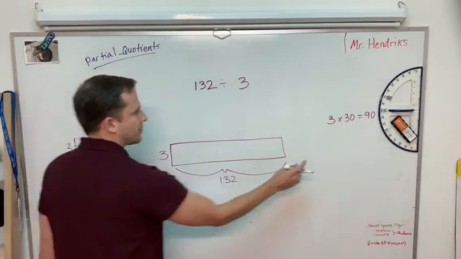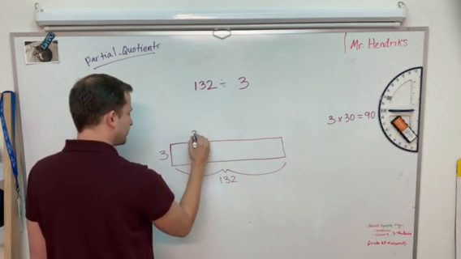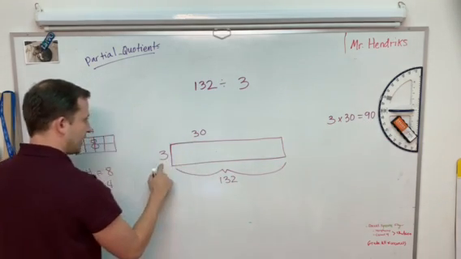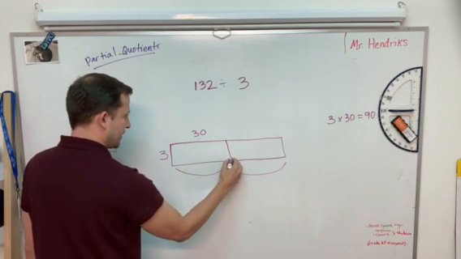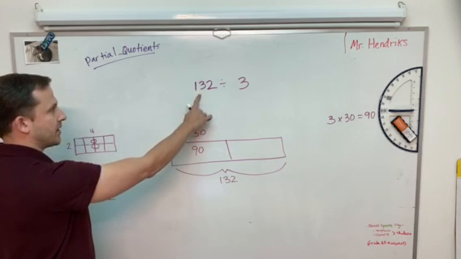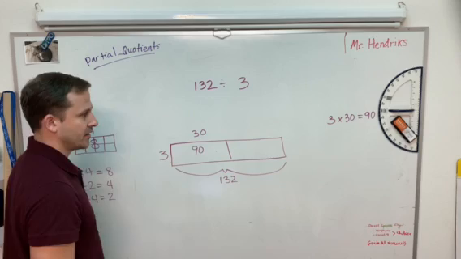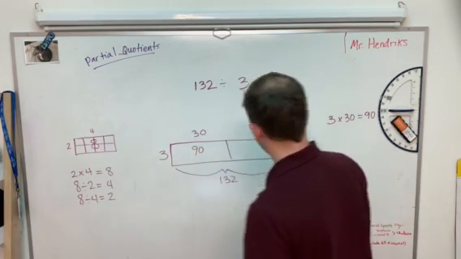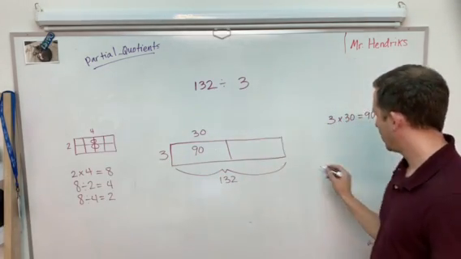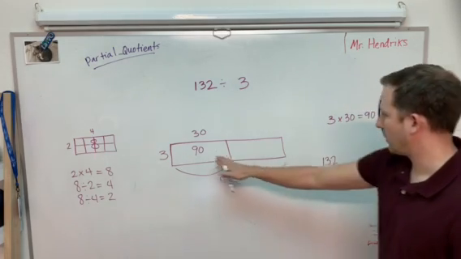So our first partial quotient is 90, so we used 30, because 3 times 30 is going to give us 90. But we're not done, because we started with 132. So if we want to find out what we have left, we have to use subtraction. So we'll start with our dividend, and let's subtract the part we already marked off.